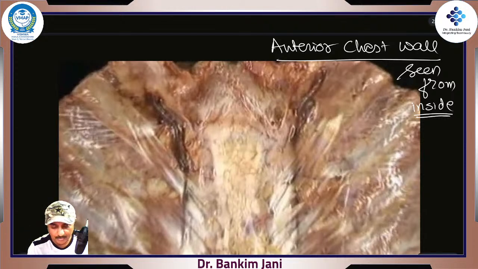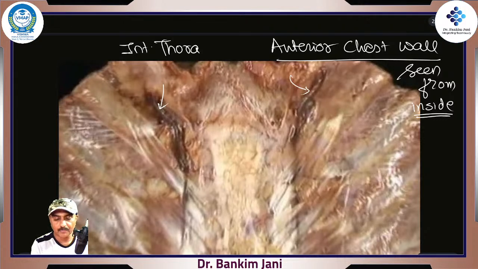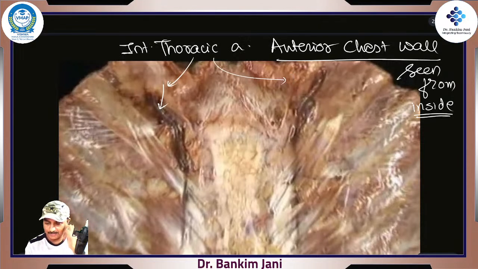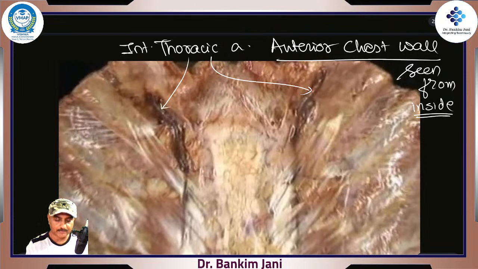That internal thoracic, it is here. That is the internal thoracic artery. This one and this one. Oh, let me draw it like this. This one, right? And this one. Yeah, now it is fine.